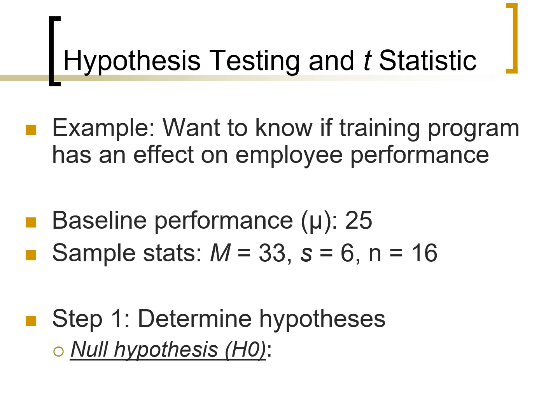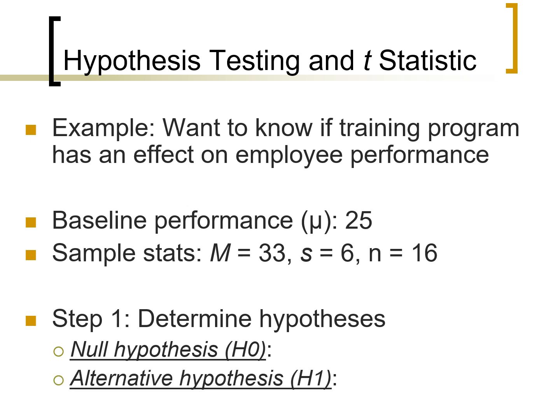They're the same, no difference. And then the alternative hypothesis will be phrased something along the lines of employee performance will be different for trained employees than untrained employees. There will be a mean difference, so we'll use that not equal sign, no greater than or less than, because we're making a two-tailed, or non-directional, hypothesis.